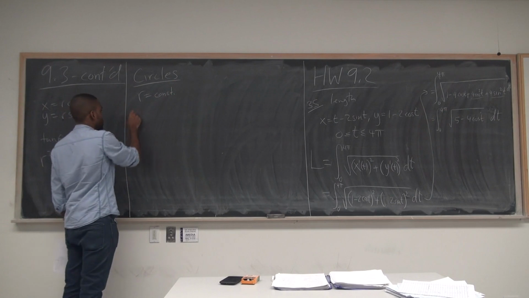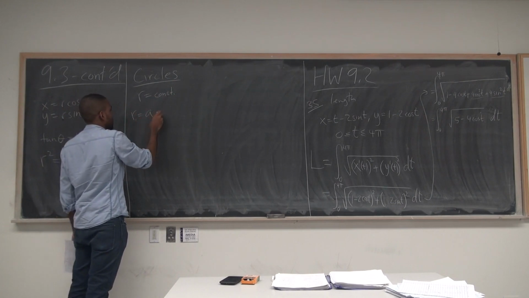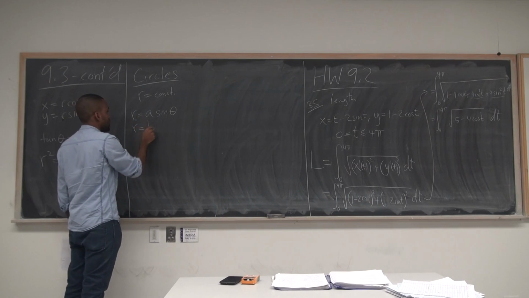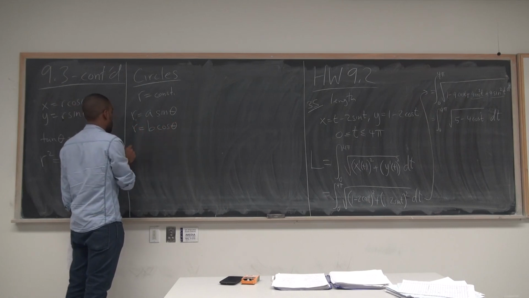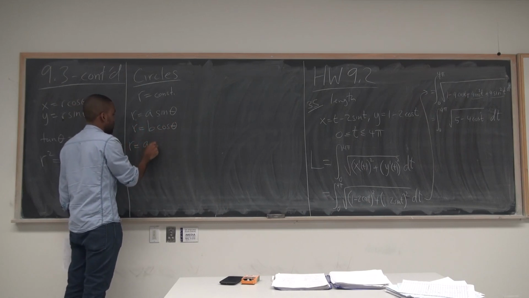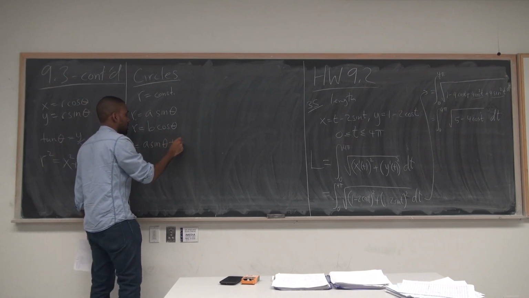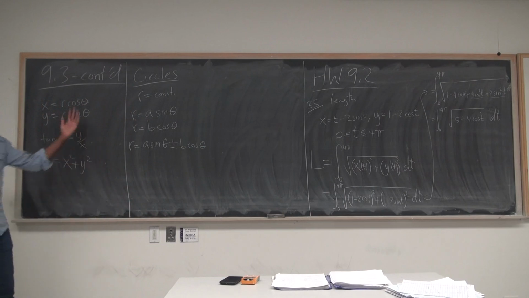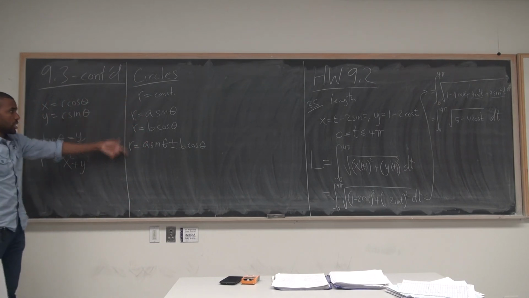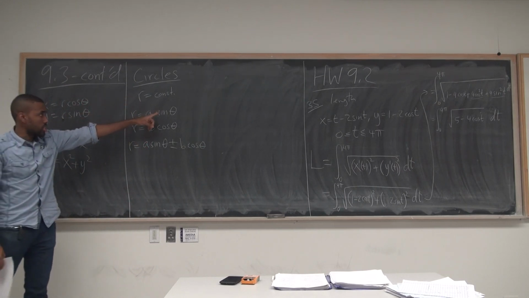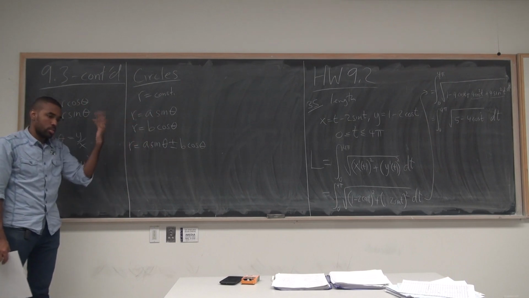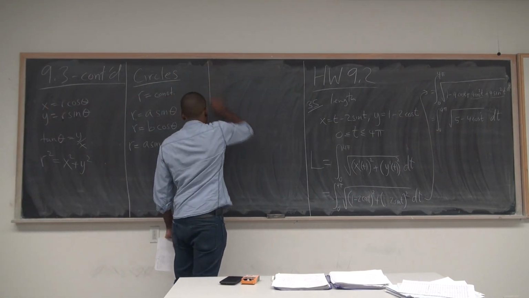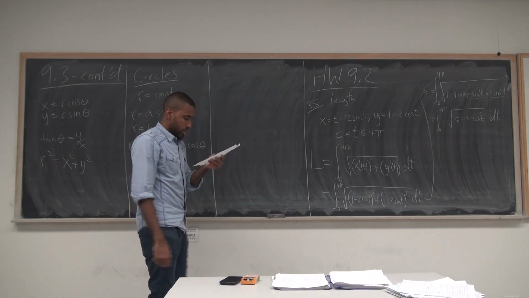If you're not centered at the origin, you would look like A sine theta, or B cosine theta, or a sum of these two, A sine theta plus or minus B cosine theta. And to figure out what kind of circles these are, you just multiply through by R. You change the R squared to X squared plus Y squared. You change R sine theta into Y, R cosine theta to X. You bring everything to one side, complete the square, you get the equation of a circle. Okay. So those were our circles.